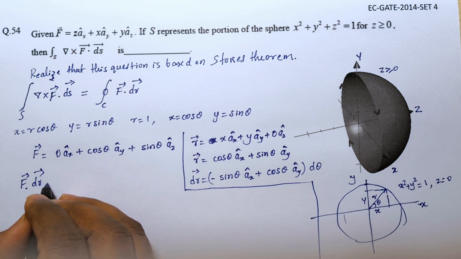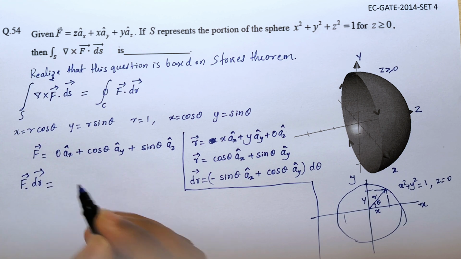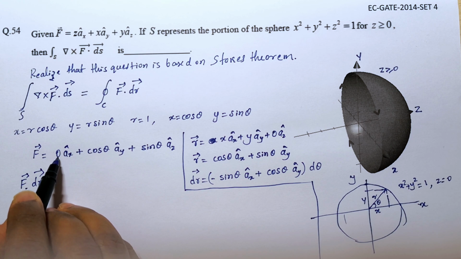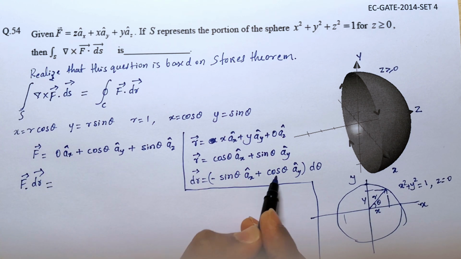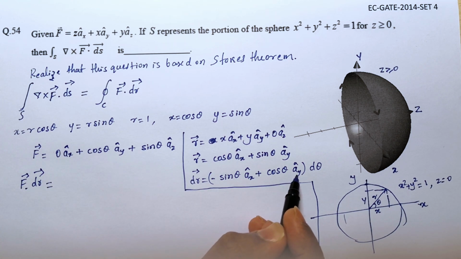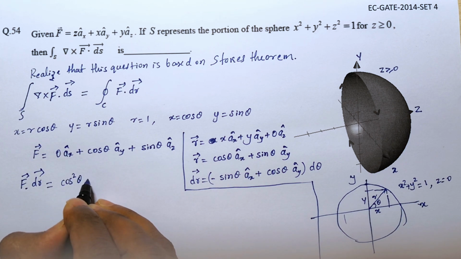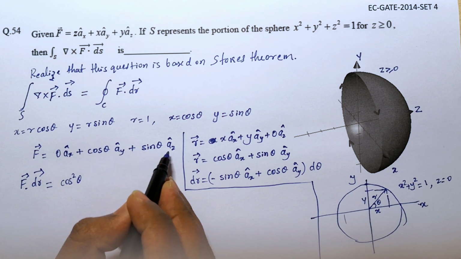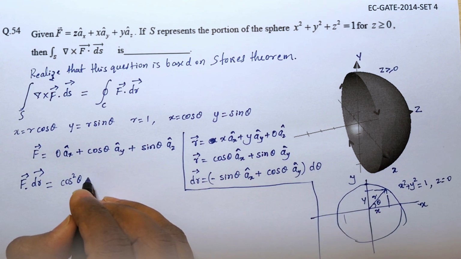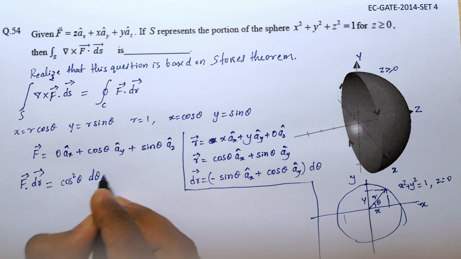So F dot dr is cos squared theta d theta.